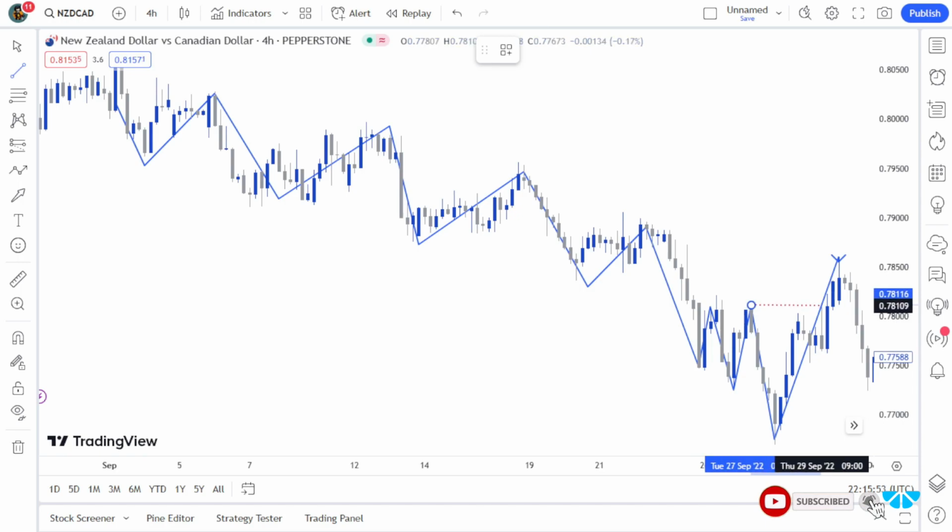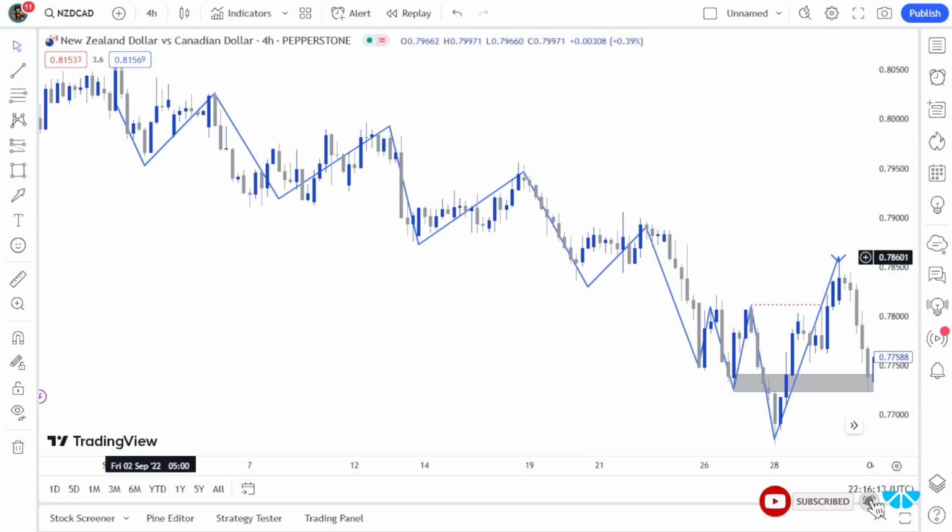Now, as we can see, price broke structure here, making this V-shaped point a valid entry. We place our point of interest at the right-hand corner, and you can see price came back to test the area.